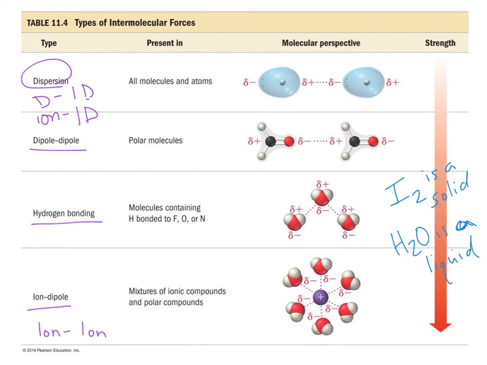That is because iodine is so large, it's so polarizable. So the list that you have in your notes is only a rough guide. It's not an exact everything will be this way all the time.